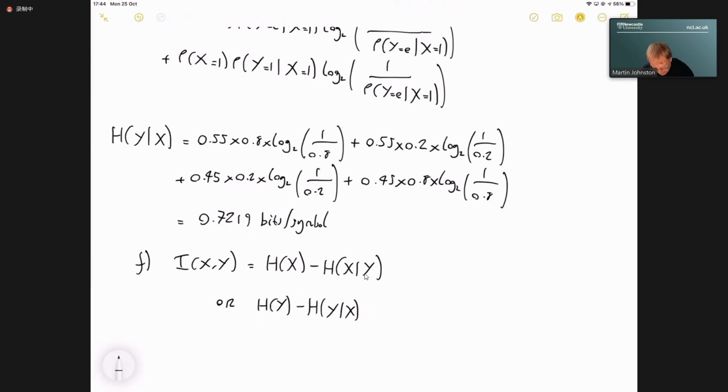So if we put the values in, H(X) we calculated as being 0.9928, and then H(X|Y) was 0.1986, and that gives you an answer of 0.7942.